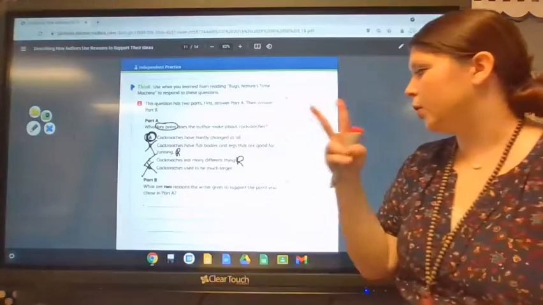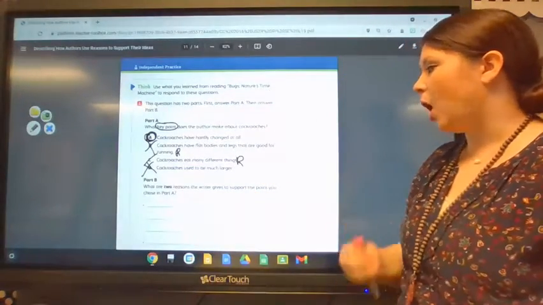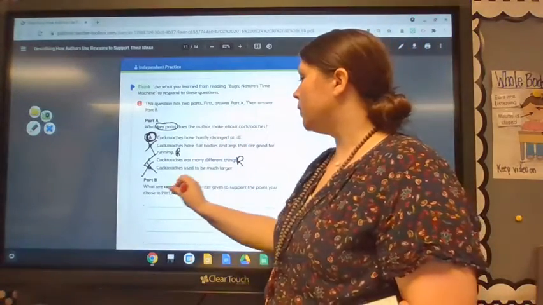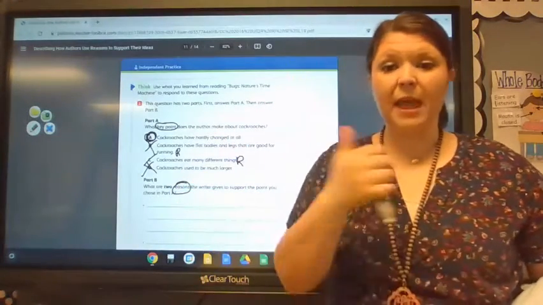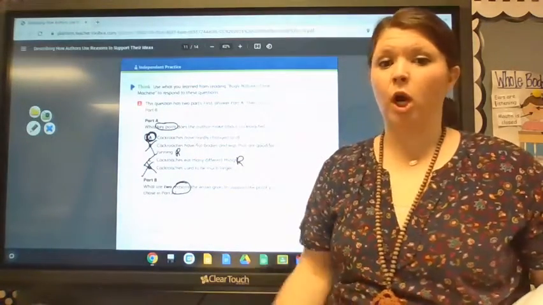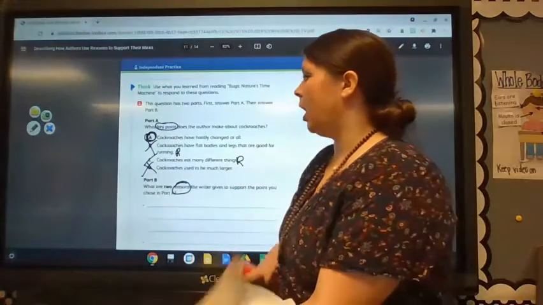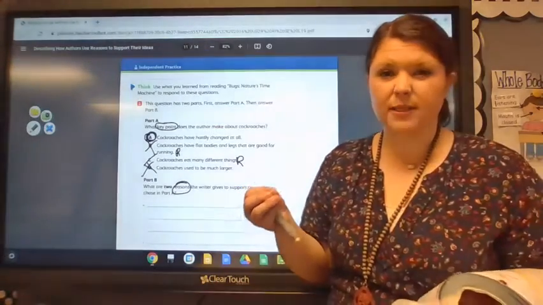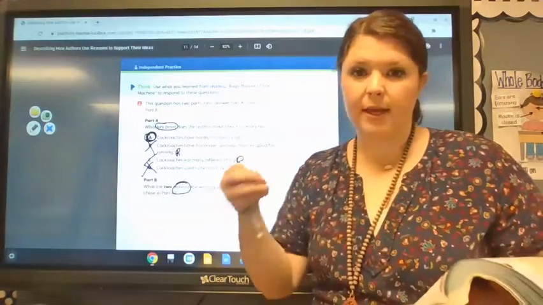Now we're going to give two reasons that the author gives to support the key point. So what are the reasons? The explanation or the sentences that describe more about the key point that cockroaches have hardly changed at all. So I'm going to go back and remember how I told you I saw some keywords in that paragraph too? It's still.